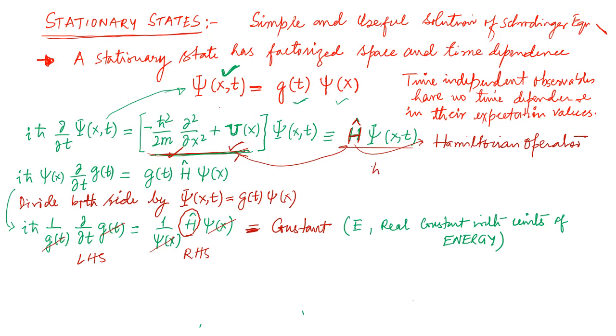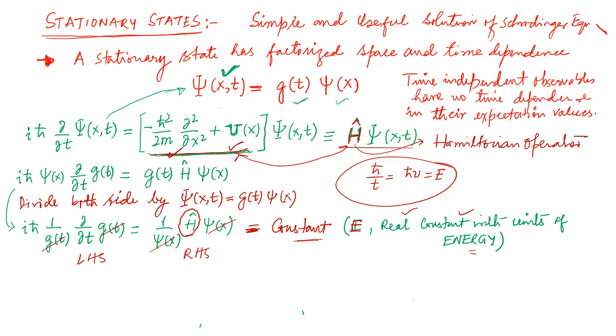What is H cross by time? This is 1 by t, H cross is frequency, and this is nothing but the energy. So the left hand side and right hand side both have a dimension or unit of energy. That's why this constant has to be a real constant, and its unit has to be energy. Fine.